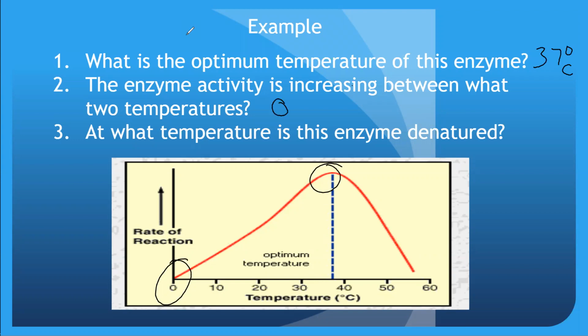How do we know that? Because we saw the positive slope, the increase of activity. So there's more activity happening as we continue on between the temperatures of 0 and approximately 37 degrees Celsius.